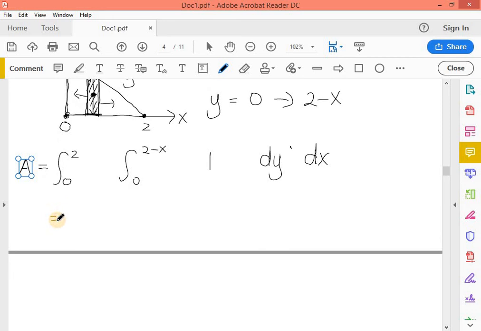Next, you can solve. Can you try to solve this one and see whether you get your answer equals to 2? Can you try? The area of a region.